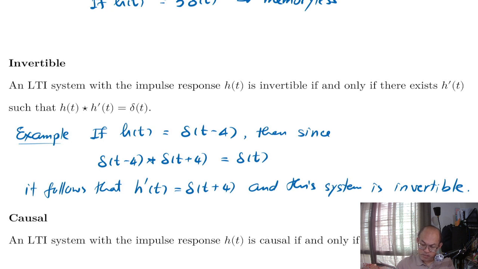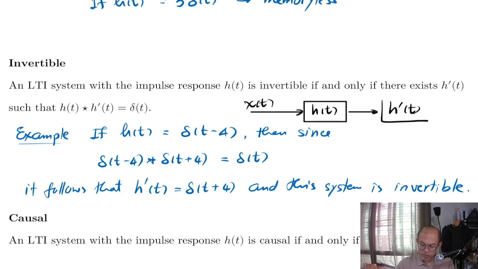So in other words, if you apply x to this system, and then apply the result to h prime, you'd have x back. Now if you can find this, then h will be invertible.